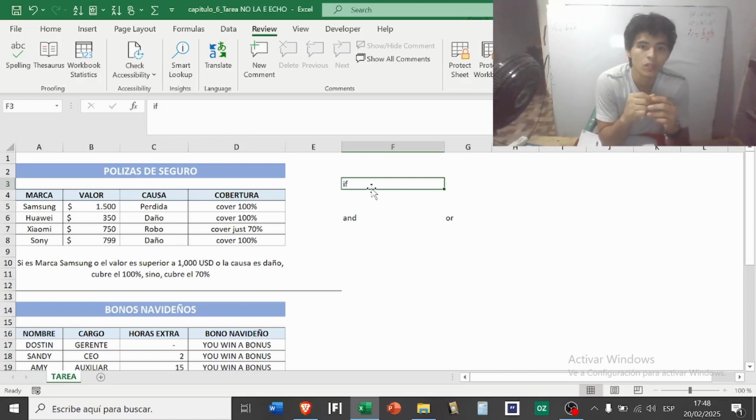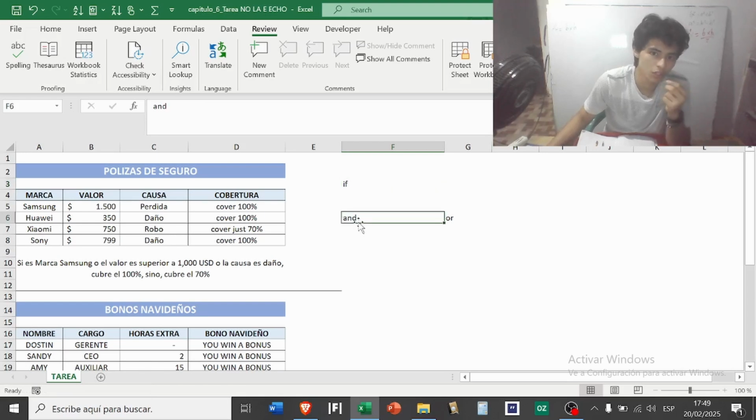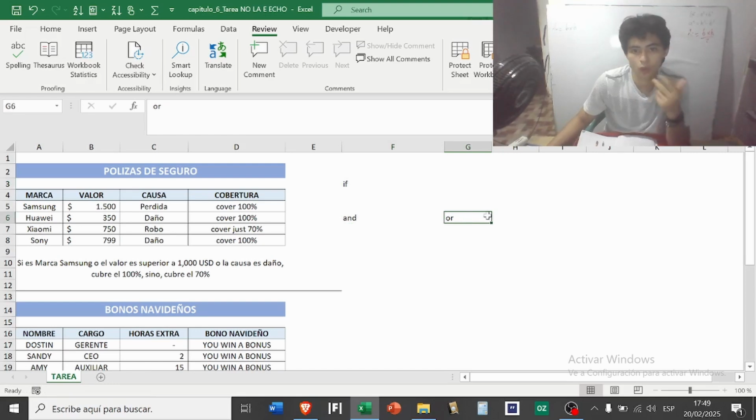If not, you encourage them. So this is a simple explanation of how it works. The first function, AND, is when you don't have any choice, and OR is when you have some choices. You can choose one of the two options.